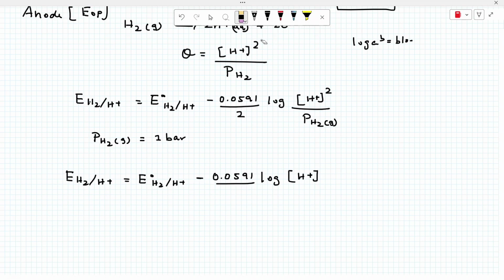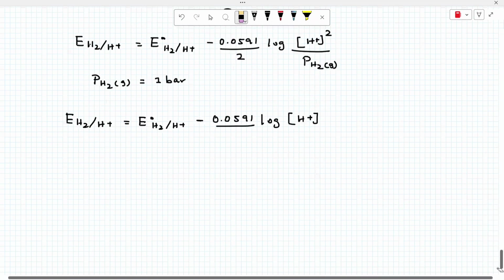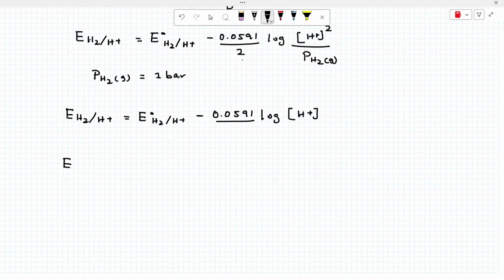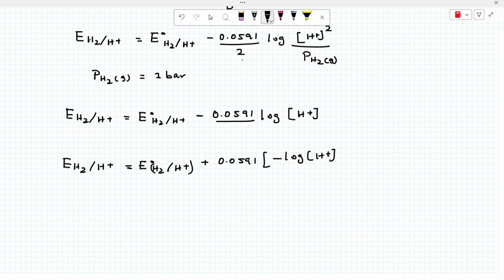You got the point. Now I am going to change the formula. Simple, we do the same: E for H2 and H plus equals E naught for H2 H plus, minus 0.0591 into minus log H plus. What is minus log H plus?